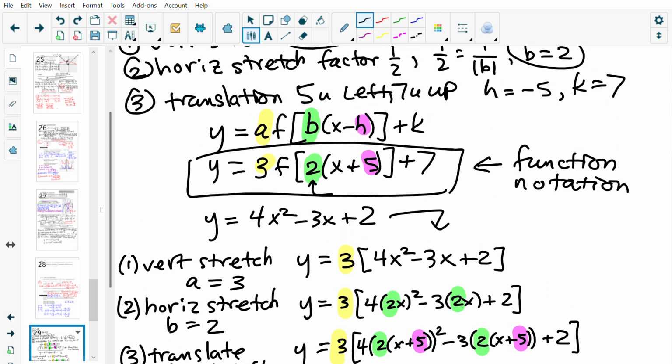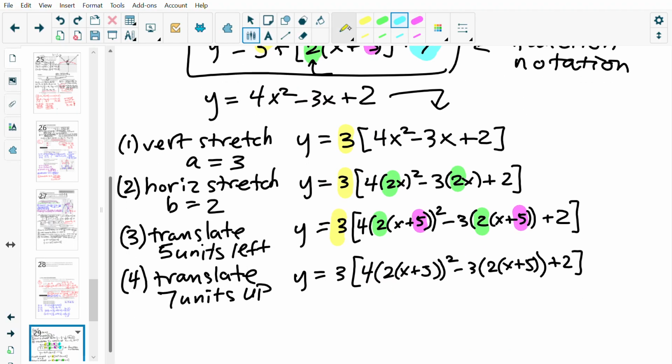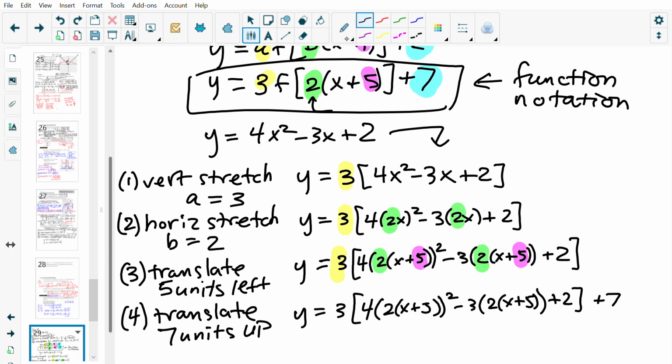Where am I putting the 7? Let's take a look. Where am I putting that 7? Look where this k is. It's outside of everything here with the function, right? So it's right here. I'm putting the 7. So look at where you're going to put the 7. Plus 7.